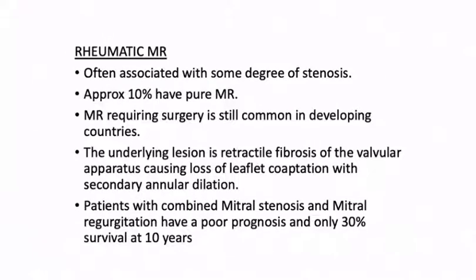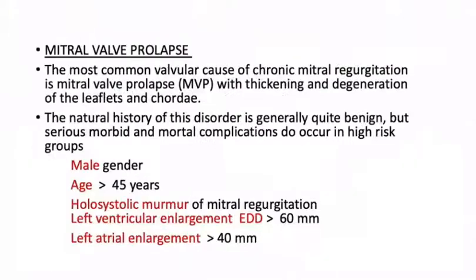The main mechanism, as already described, is retractile fibrosis of the valvular apparatus, and there is chordal thickening, which leads to loss of leaflet coaptation, and there can be associated secondary annular dilatation leading to mitral regurgitation. Patients with combined mitral stenosis and mitral regurgitation have a poor prognosis, and the survival rate at 10 years is only 30%.